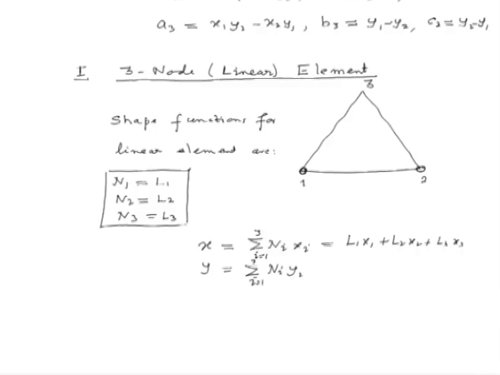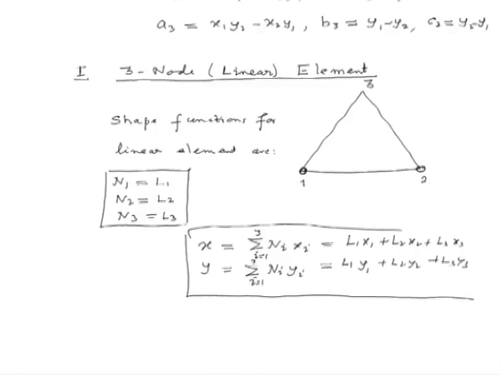Since N i's get the values of L i's, we have L1 y1 plus L2 y2 plus L3 y3. So, in effect, this basic linear triangular element is an isoparametric element.